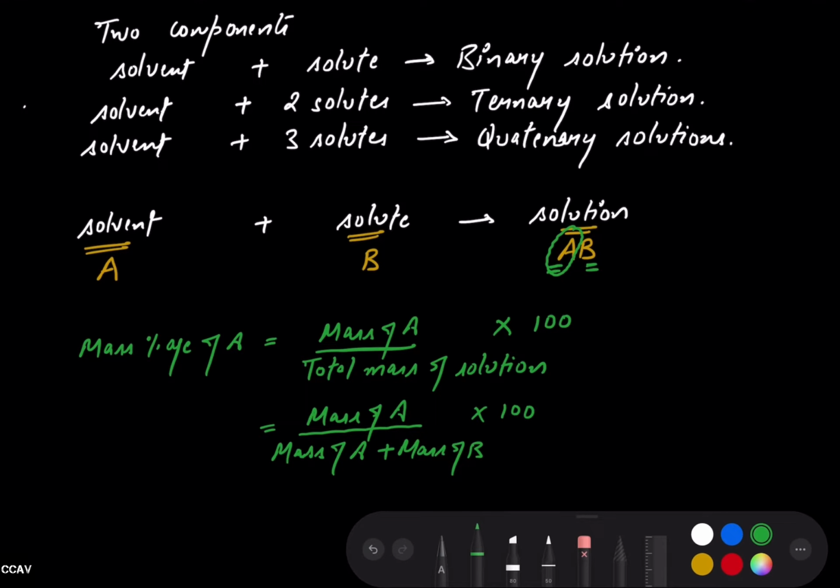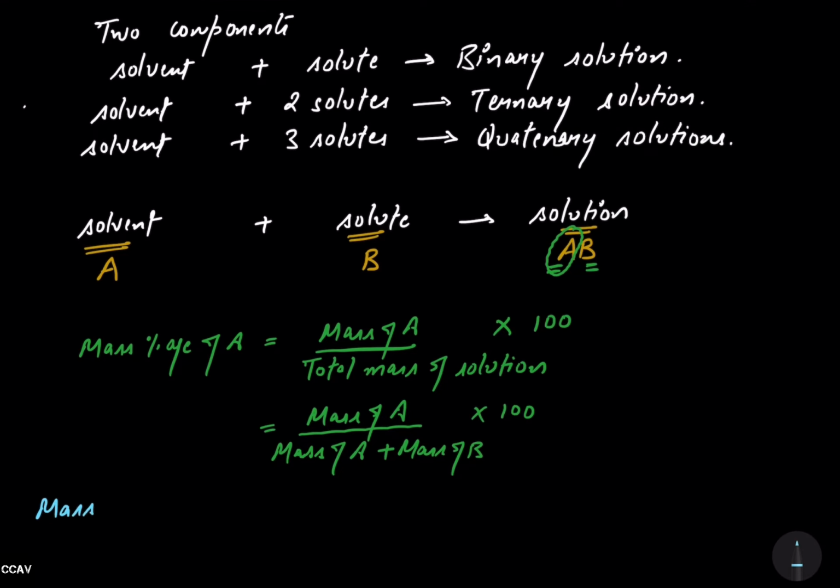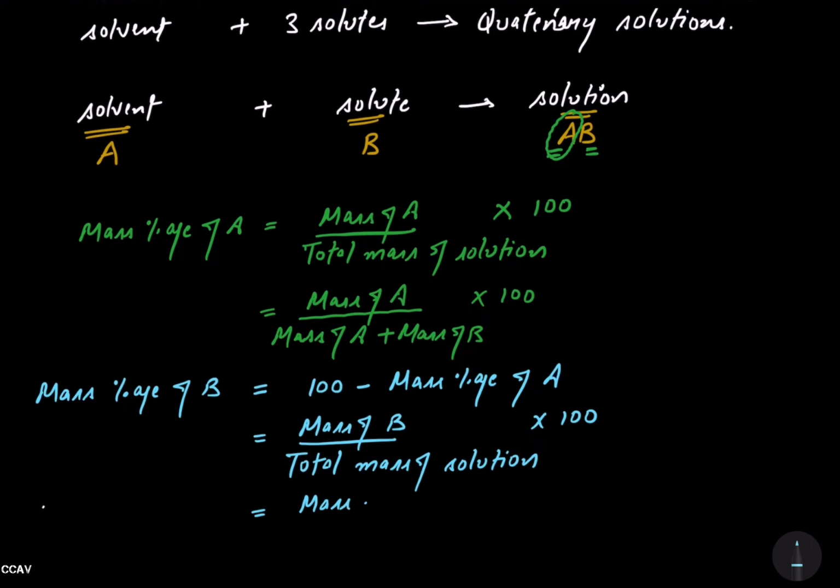So let's talk about the mass percentage of B. Now the mass percentage of B will be equal to 100 minus the mass percentage of A, or you can also calculate it as the mass of B divided by total mass of solution into 100, or it can be the mass of B divided by mass of A plus mass of B into 100.